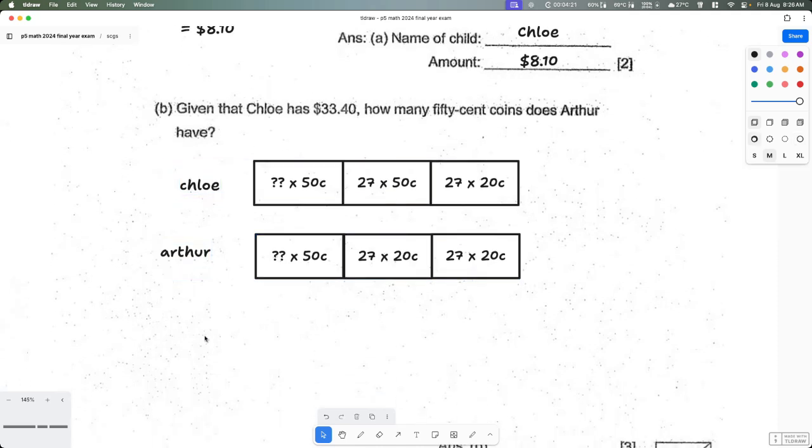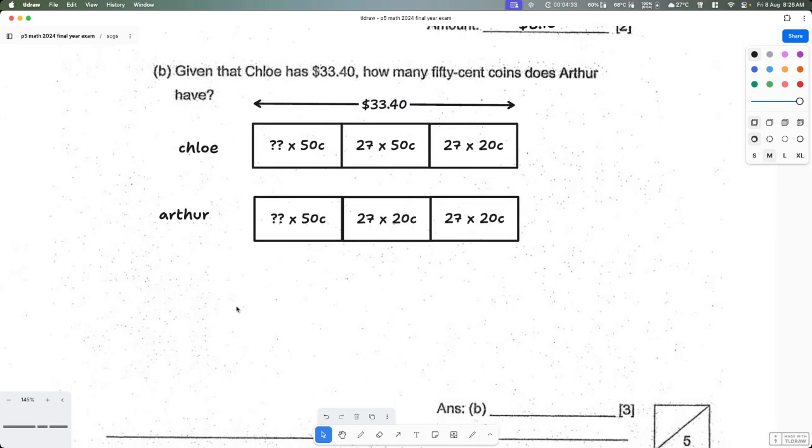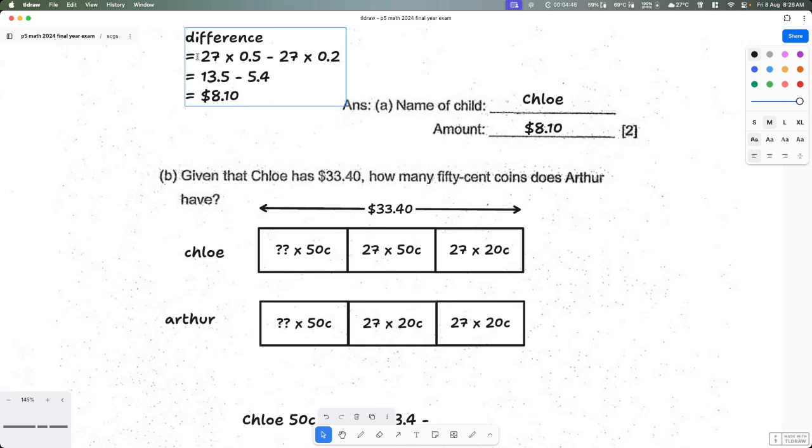Same thing. So if Chloe has $33.40, we can get this over here, right? So what we can do is: Chloe's 50-cent value is equal to 33.4 minus 27 times 5.